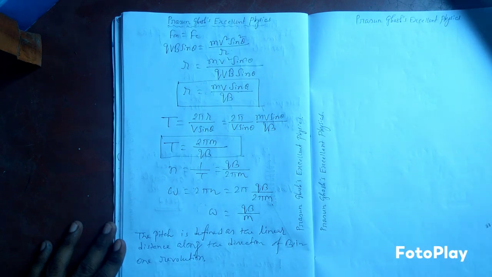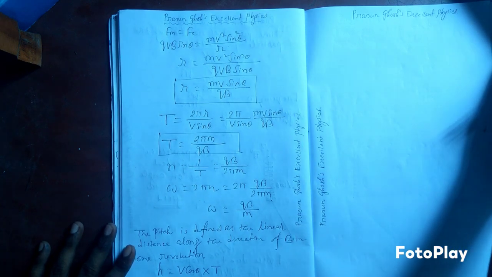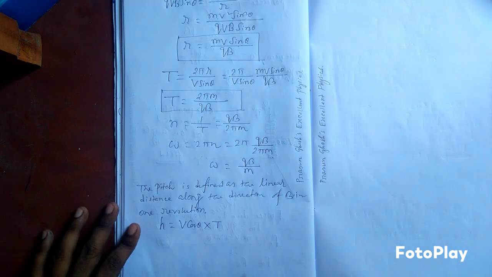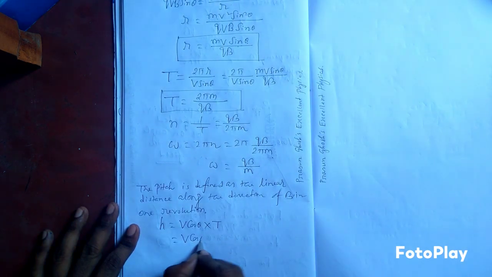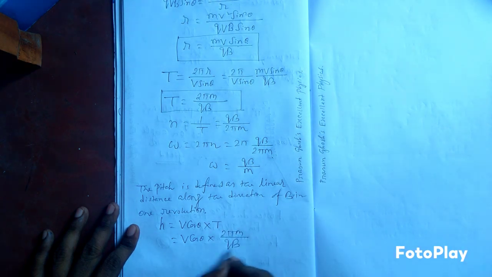This is h. So we can write h equal to v cos theta into T, that is v cos theta into 2 pi m by qB.